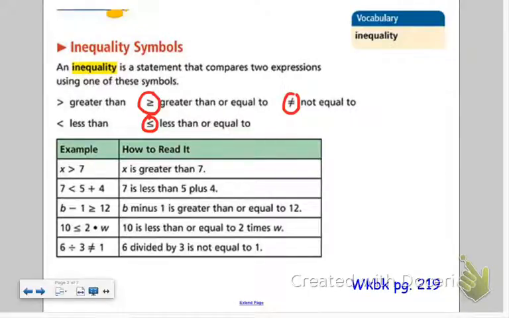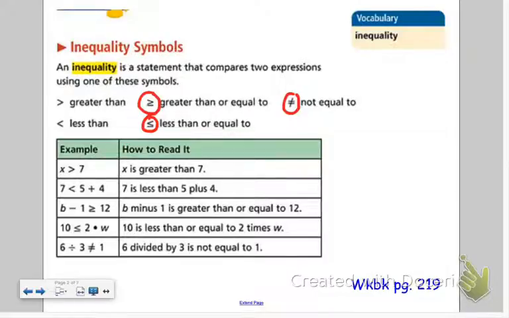The next one, 7 is less than 5 plus 4, which makes sense because 5 plus 4 is 9, and 7 is definitely less than 9. B minus 1 is greater than or equal to 12. So whatever B is, if you take away 1 from it, you're going to get a number that's greater than or maybe even equal to 12.